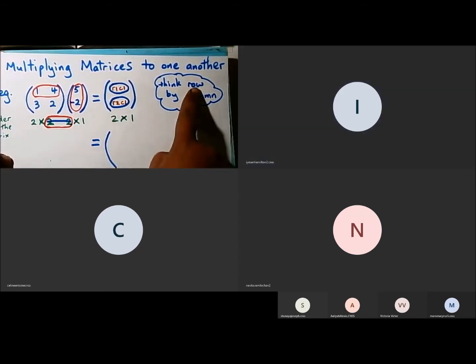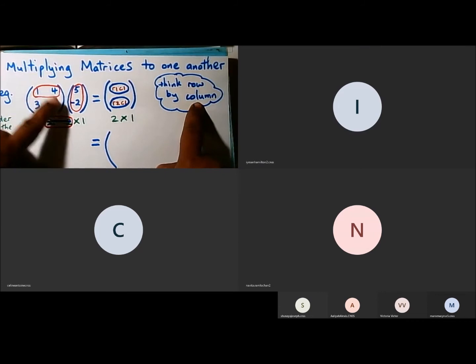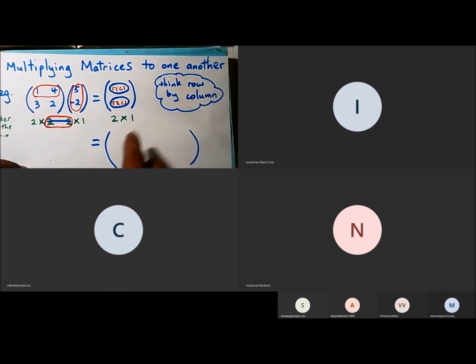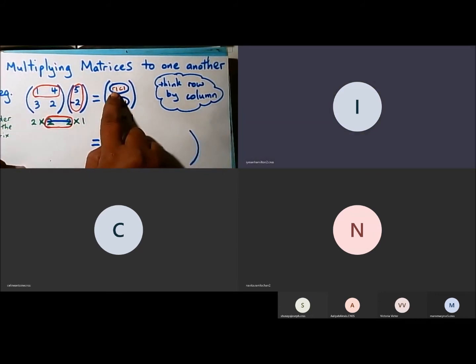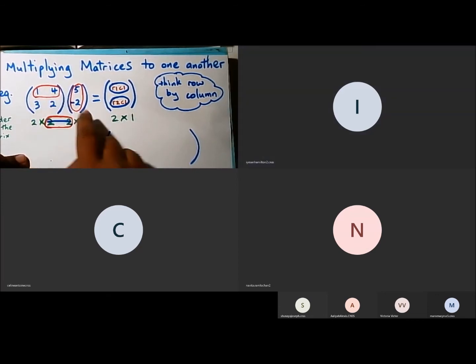We take the row from one matrix and we multiply it to the column of the other matrix. Let me recap. Row 1 means we take row 1 here and we're going to multiply it to column 1.